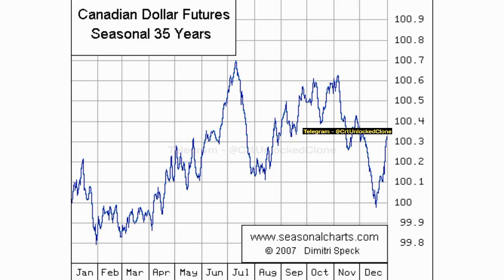Simple. So for USD CAD, it would be that USD CAD seasonally has a tendency to go higher during these particular months, right? The Canadian dollar has a tendency to go lower, but USD CAD has a tendency to go higher. You know what I mean. Now let's look at some price action on USD CAD from the last few years and let's see what we've got.